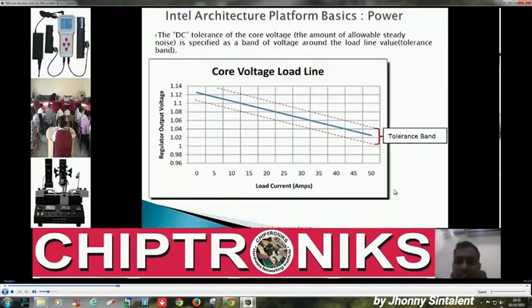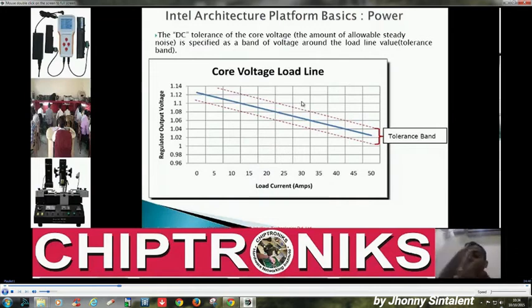We'll go to see another difference, and this is the tolerance band, right? We call it the DC tolerance of core voltages. So these are the two special things that we will discuss right now about core voltage. Why am I discussing this before the power sequence?